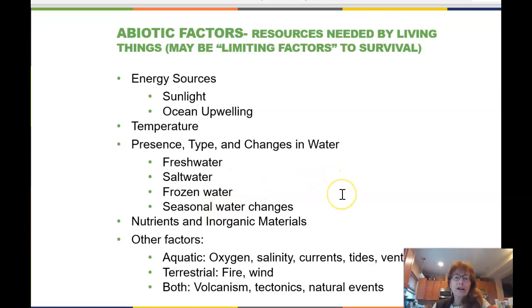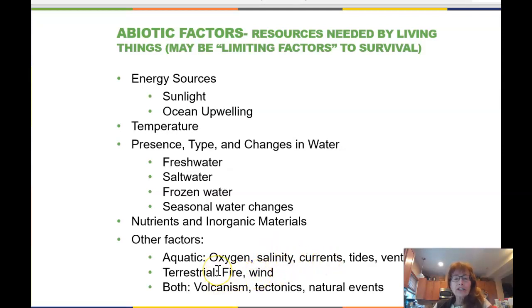The nutrients themselves. So some of the things we looked at in chapters 1 and 2 are looking at the basic chemistry of the area, what kinds of things are there, what types of molecules, what types of compounds exist. And then other factors like the oxygen availability, and salinity, referring to the saltiness of water.